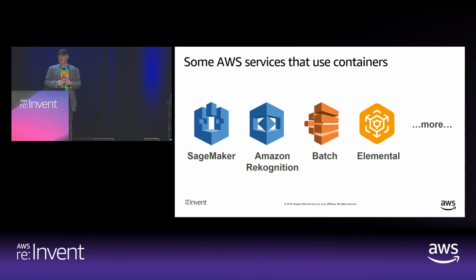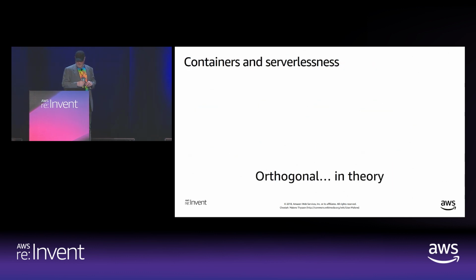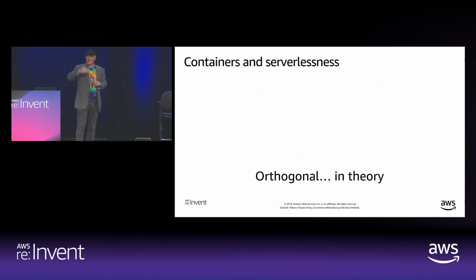There is a discussion to be had about how serverless and containers interact with each other. And Ben Kehoe, who's a well-known loudmouth and friend of ours, Ben, are you here? Don't see him. Has asserted frequently that containers and serverless should be orthogonal.